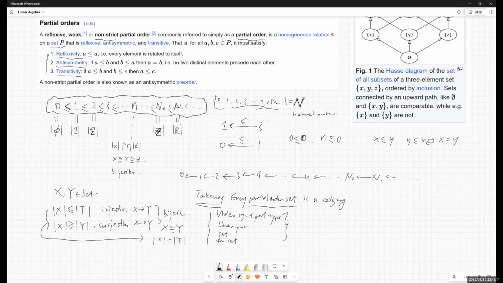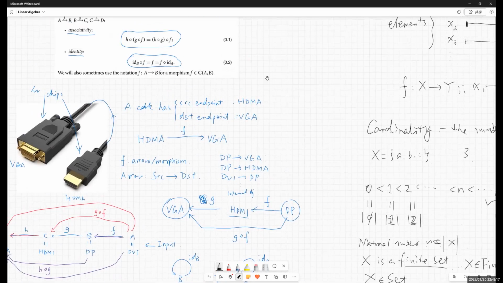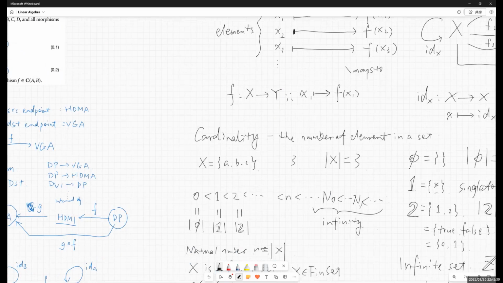Why? Let's review the definition of category. A category has a collection of objects and morphisms, and composition, identity, associativity. Let's check here.